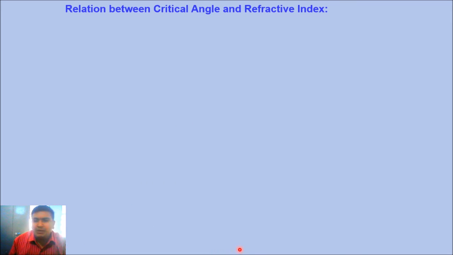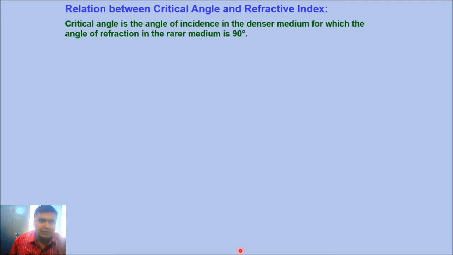The relation between the critical angle and the refractive index is one of the major parts of our syllabus. The critical angle is the angle of incidence in the denser medium for which the angle of refraction is 90. As we know, the refractive index of air with respect to glass is sin i by sin r, and since r is 90, it is sin IC by sin 90.